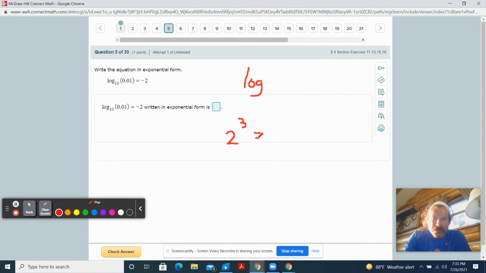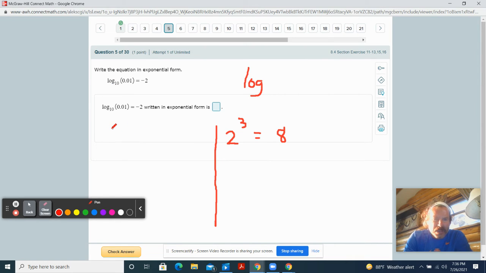2 to the third equals 8. That's exponential form, and that's what you guys know. You guys probably have heard of the word logarithm. You might have seen it on a calculator.